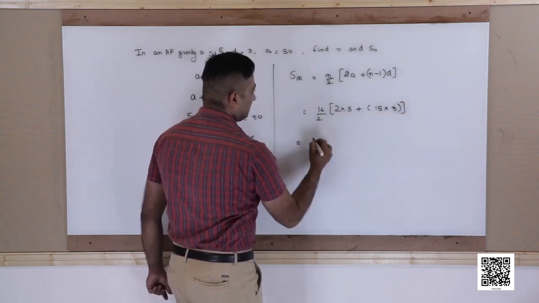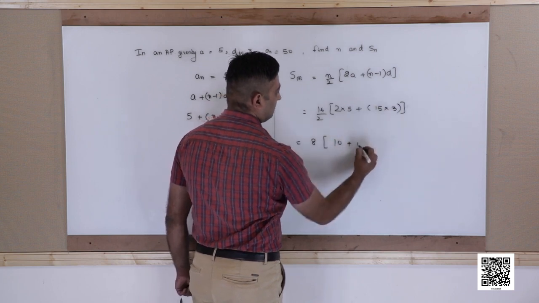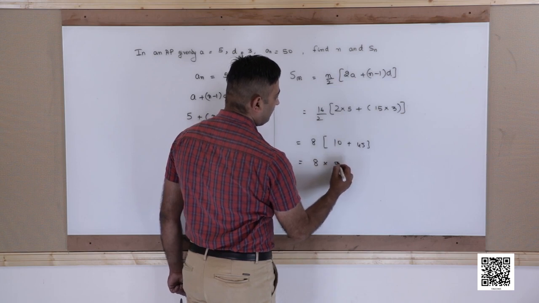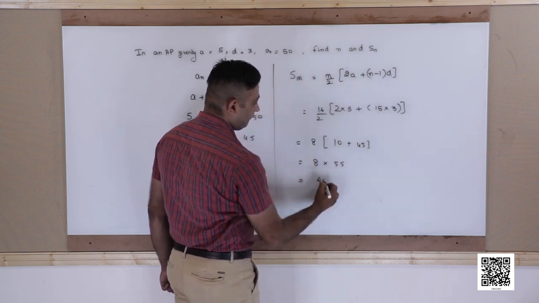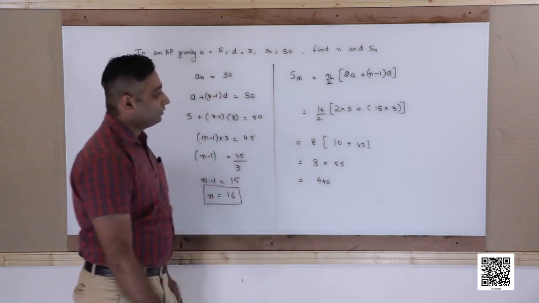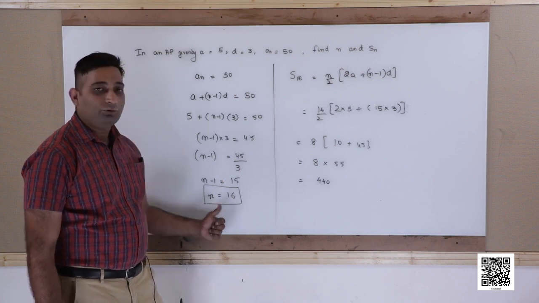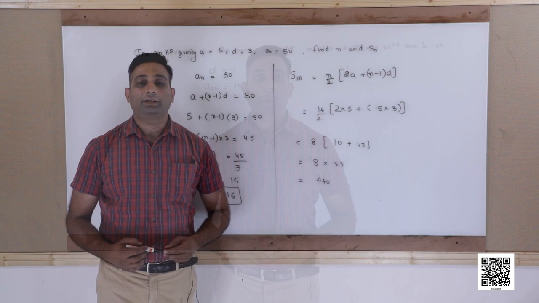So we get 8 into (10 plus 45), that is 8 into 55, that is equal to 440. So the answer to this question is n equal to 16 and Sn is equal to 440.